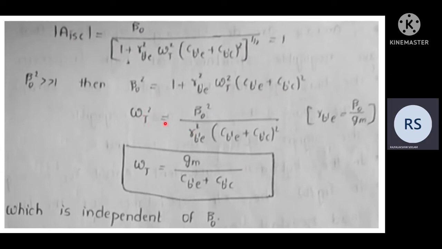Or omega t square equals beta naught square by r square b'e (C_b'e plus C_b'c) whole square. Here r_b'e equals beta naught by gm, as we have already seen. So replacing r_b'e with beta naught by gm, omega t equals gm by (C_b'e plus C_b'c), which is independent of beta naught.